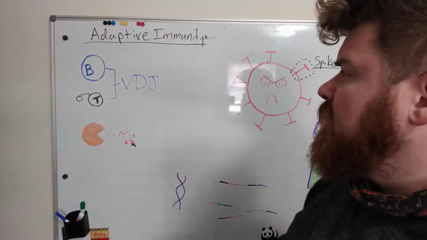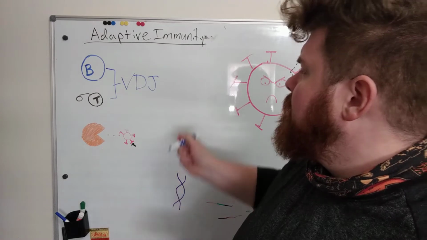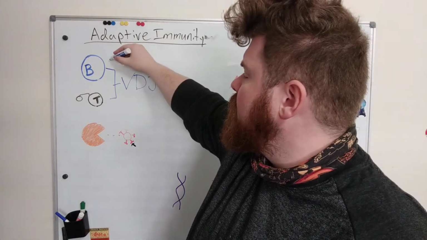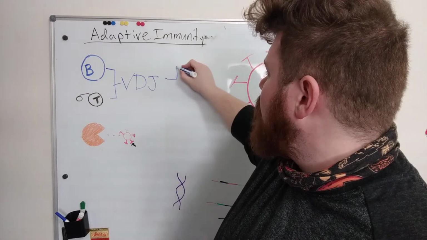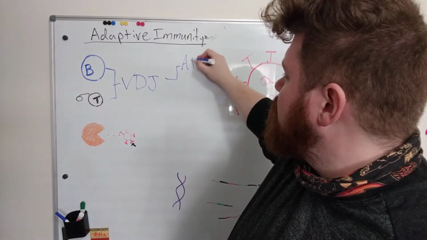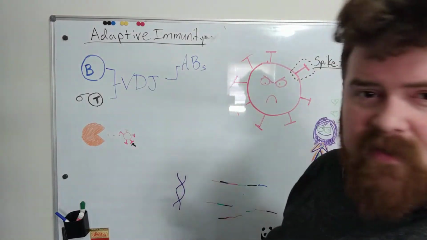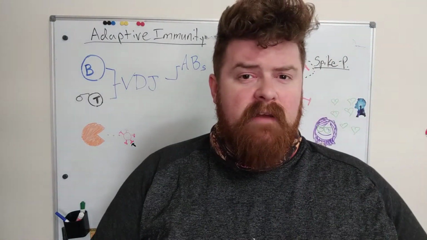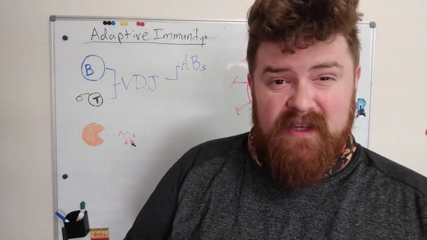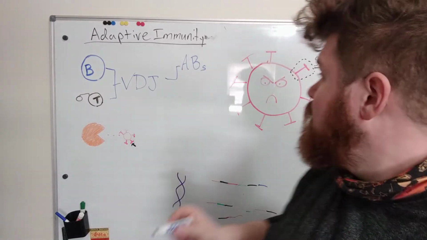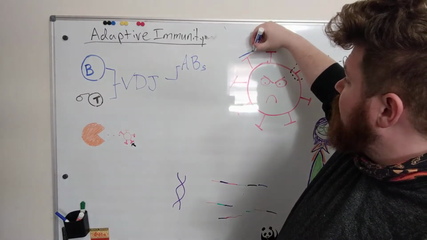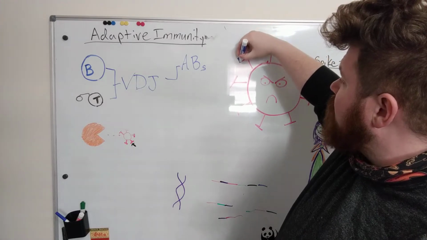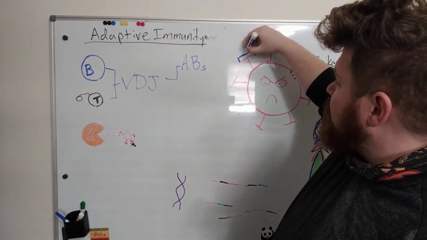Well, for a B cell, your job is to, through VDJ recombination, make antibodies. And those antibodies are generated to be specific to the new virus. So these antibodies might be something that can come around and match this spike protein.